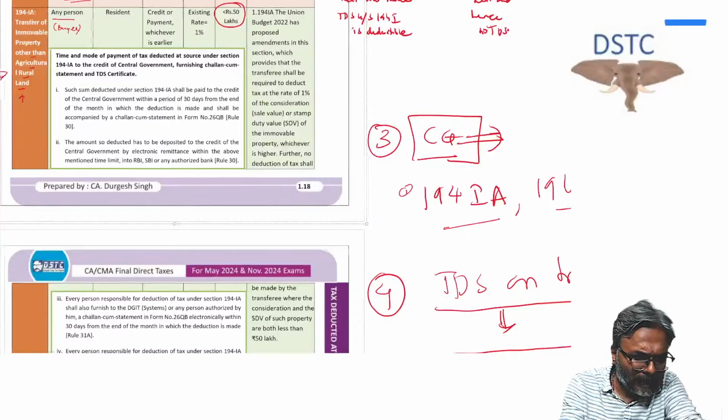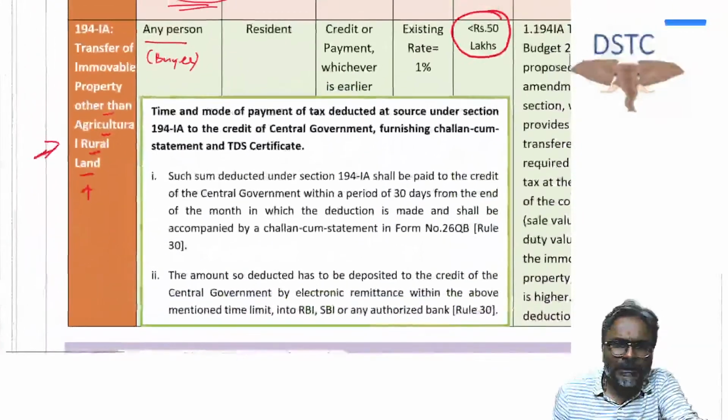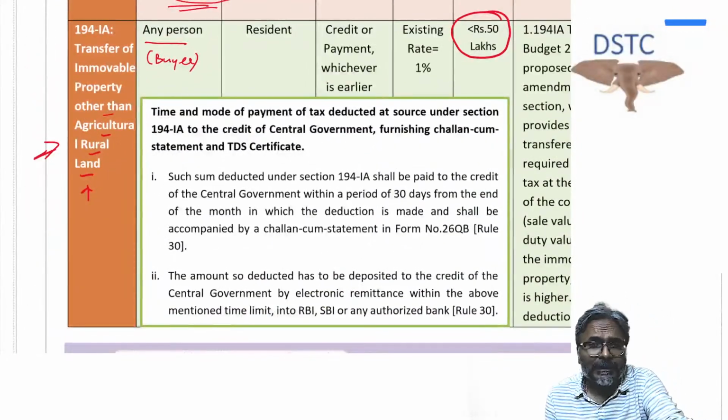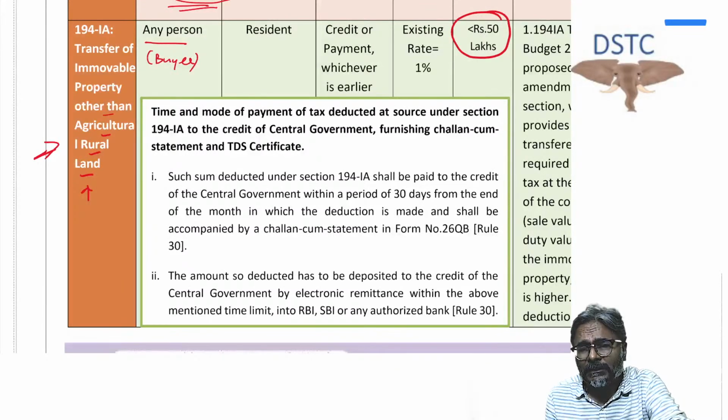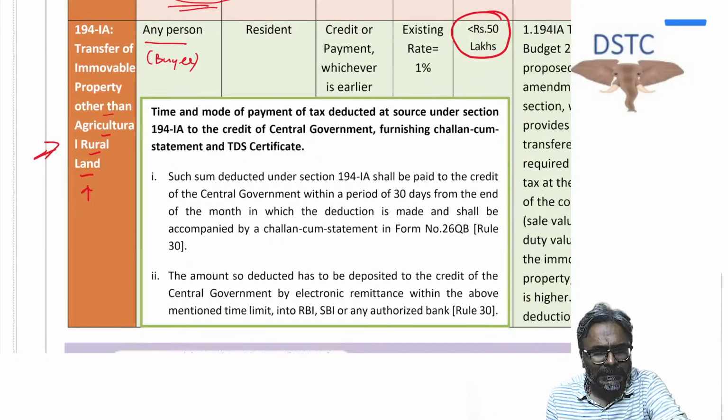And one important point, students, that you should be careful about is rural agricultural land. As you all are aware, rural agricultural land is not a capital asset in the first place. Therefore, on its transfer, there is no chargeability of capital gains.